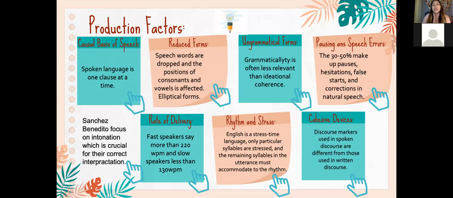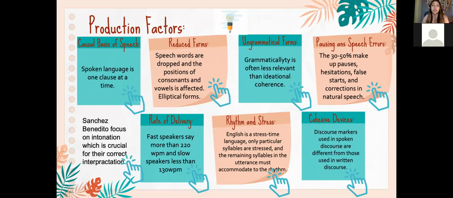Well, rate of delivery mentions who is a fast speaker and who is a slow speaker. The rhythm and the stress: English is considered a stress-timed language. So only particular syllables are stressed, but the utterance must accommodate to the rhythm.